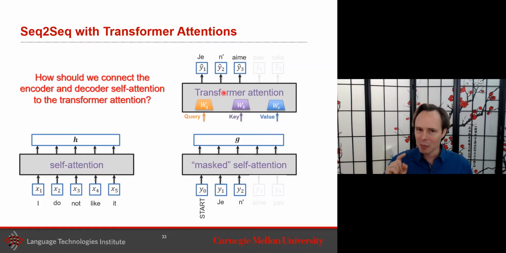But now it's not going to be a self-attention transformer. That's really interesting. I want to encode this, and make it contextualized also on the sentence. And so how should we connect the encoder and the self-attention transformer?